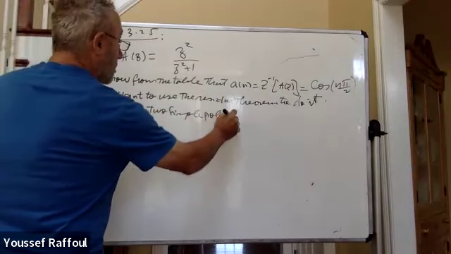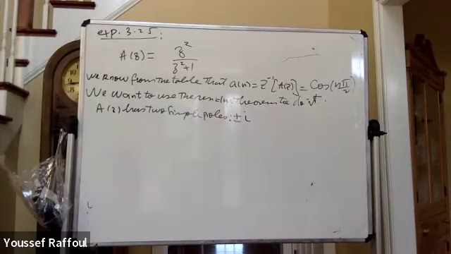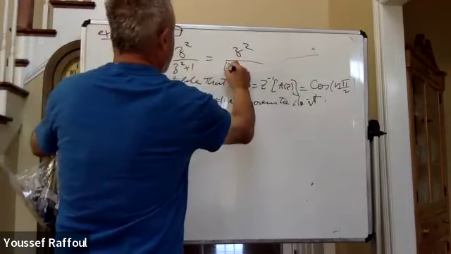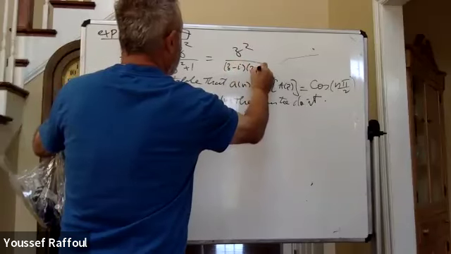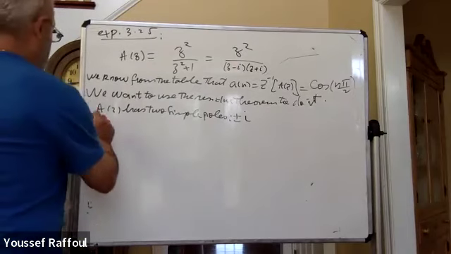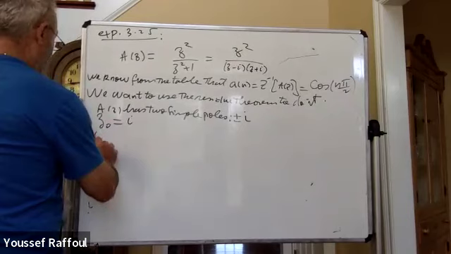simple poles, plus or minus i. Because this one is Z squared over (Z minus i)(Z plus i), and they are simple. So if Z0 is i, what is alpha 1?